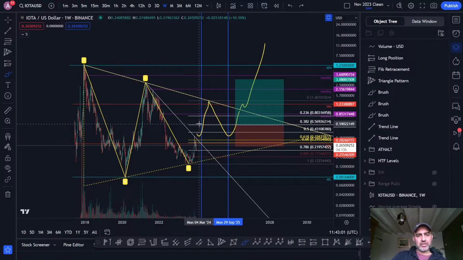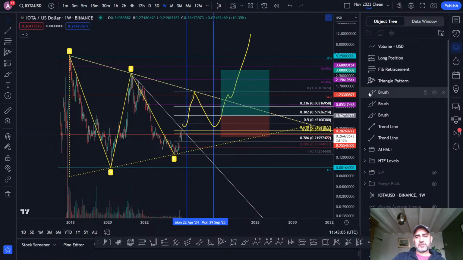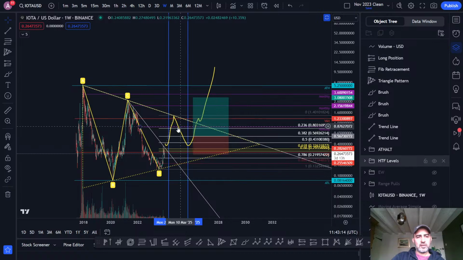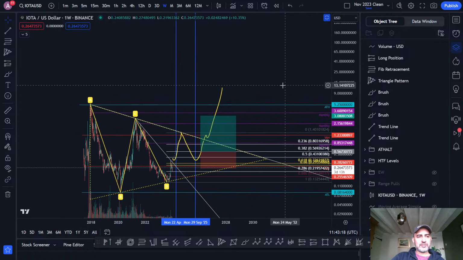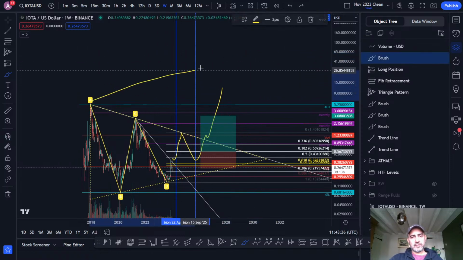And I'll show you another chart which is kind of doing that. So it's very similar to that, and this is a really higher time frame triangle. And I think the target, once we break, you're basically looking to replicate this triangle on the higher time frame. So I'm not going to perfectly draw it out, but it's going to be something like that.